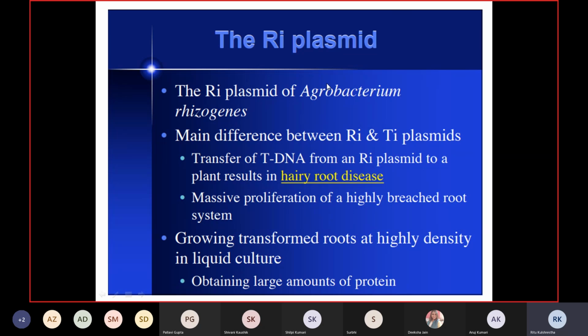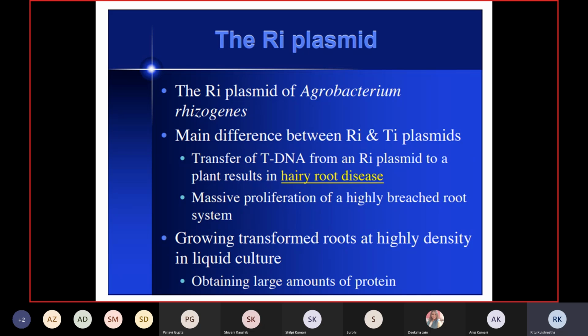I missed this slide which is on Agrobacterium rhizogenes. Just like Agrobacterium tumefaciens, there is Agrobacterium rhizogenes, and if you remember, tumefaciens would lead to crown gall disease. The Ri plasmid, which is present in Agrobacterium rhizogenes, gives rise to hairy root disease. So more hairy roots are formed.